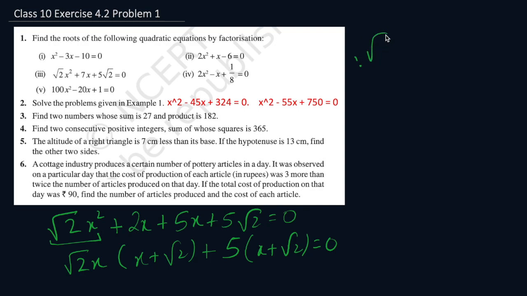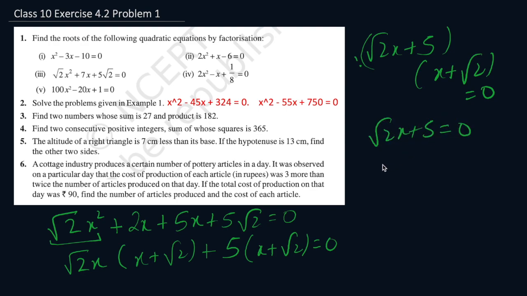So now we have root 2x plus 5 times x plus root 2 equals to 0. So root 2x plus 5 is equals to 0, or x plus root 2 is equals to 0. So x will be equals to minus 5 by root 2 or minus root 2. So that is our answer.